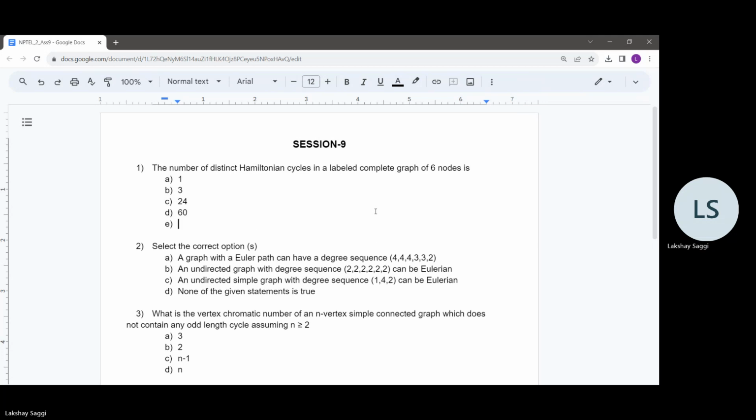So the first question for today is this. It asks for the number of distinct Hamiltonian cycles in a labeled complete graph of 6 nodes. I'll be assuming that you already know what a Hamiltonian cycle is, what Hamiltonian graphs are, and what Eulerian graphs are, because this has been discussed in this week's NPTEL lectures.